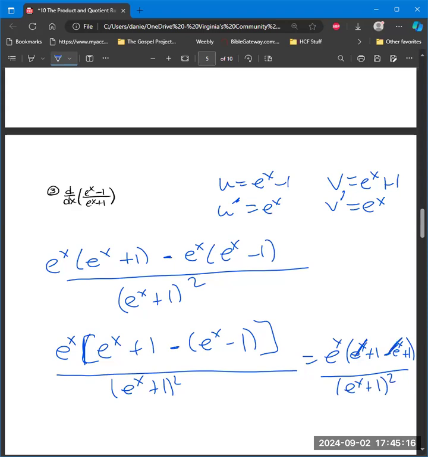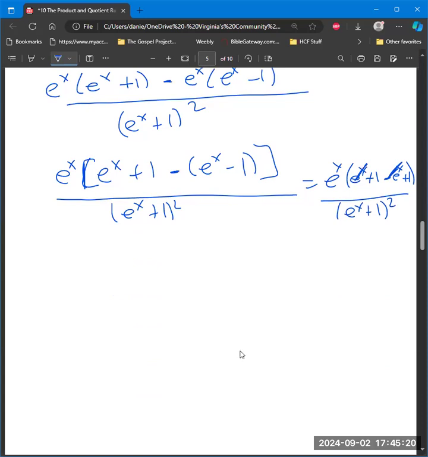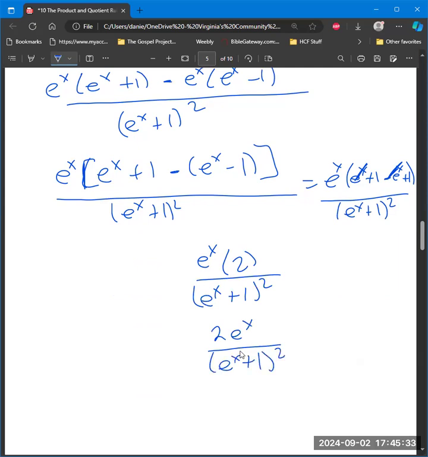E to the x minus e to the x goes away, and this is e to the x times 2 over e to the x plus 1 quantity squared. So that's 2 e to the x over e to the x plus 1 quantity squared. Make it clear that the plus 1 is not in the exponent, that it's down beside that.